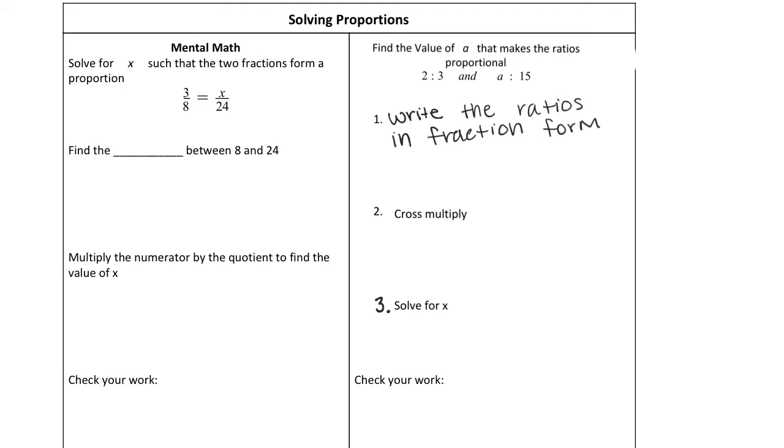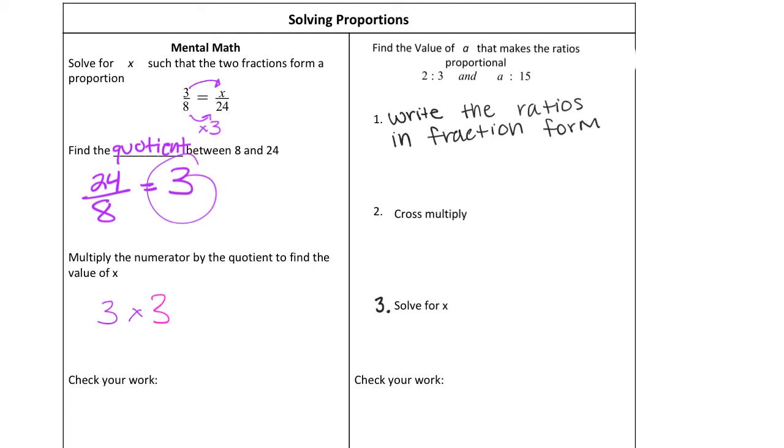So we're going to find the quotient between 8 and 24. I'm just going to take 24, the bigger one, and divide by 8, which is 3. So I can see that going from 8 to 24, I'm multiplying by 3. So I'm going to take that 3 and multiply it by the other numerator right here, 3. So to go from 3 to x, I have to do the same.